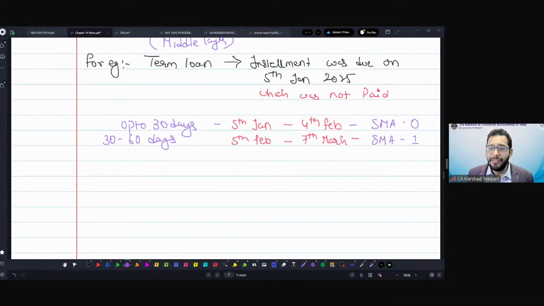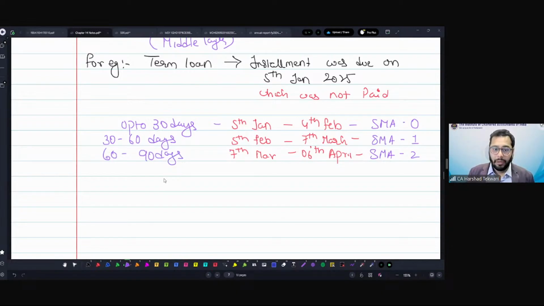And then from 7th of March, I need to see when it becomes 90 days. From 7th of March till 6th of April, it is SMA 2, because it is 60 to 90.